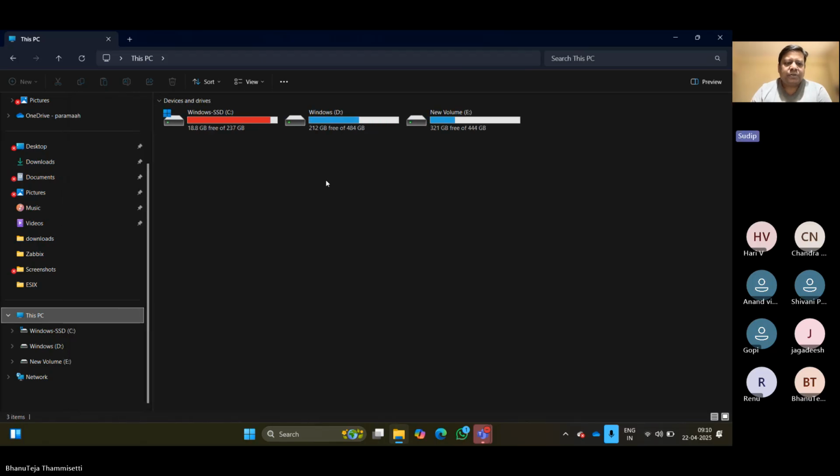Yes. So under This PC, you will see the various partitions, not hard disks. These are logical partitions. We will see what a partition is later. We will see the naming convention in the form of drive letters, alphabets C colon, D colon, E colon. These are each individual partitions.